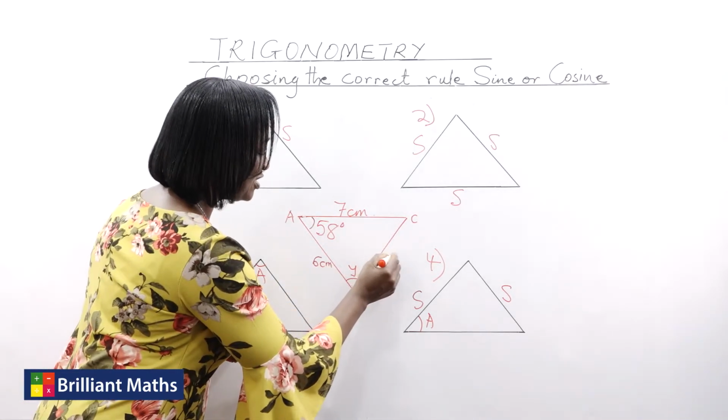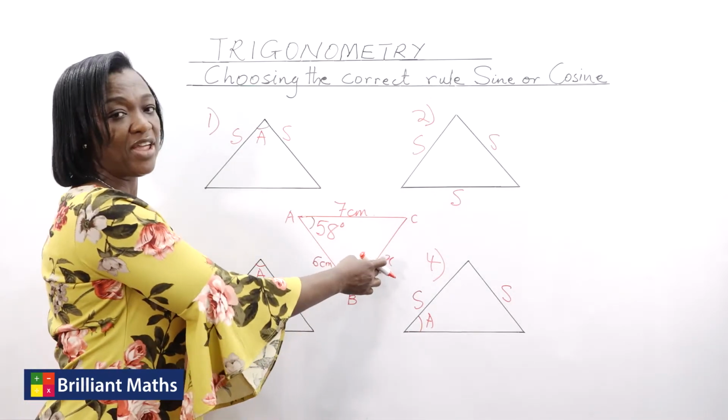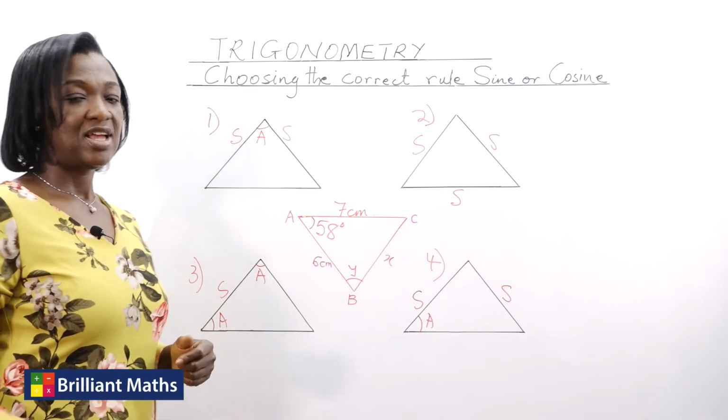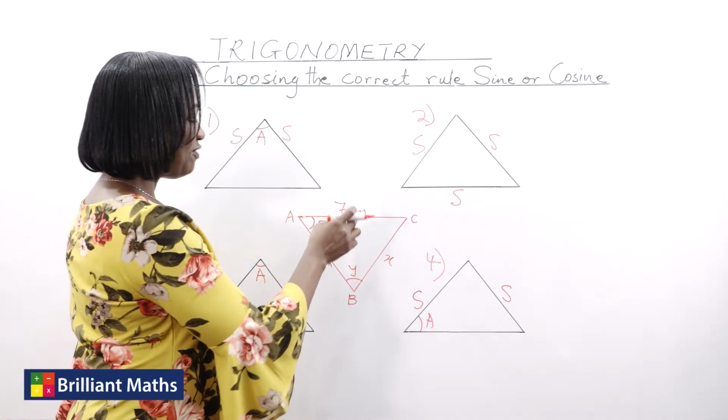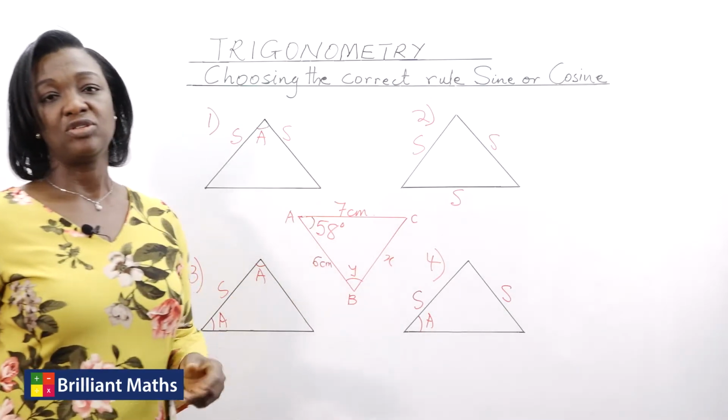Assuming we have found x, we can then use the value we have here over sine 58, and then the value we have here, which is 7 over sine y. So using the sine rule.